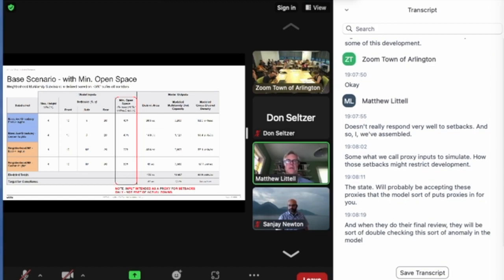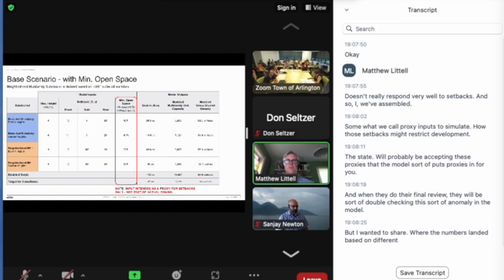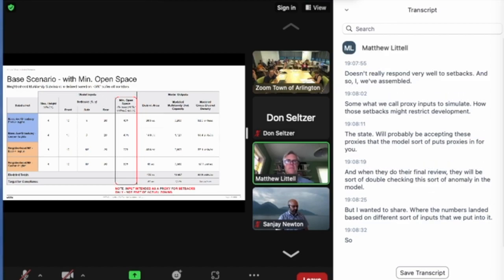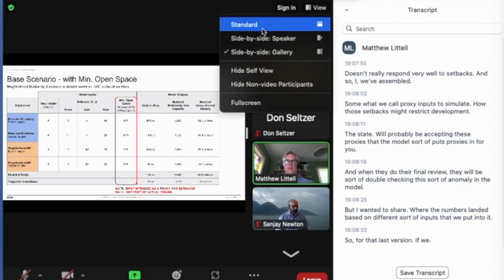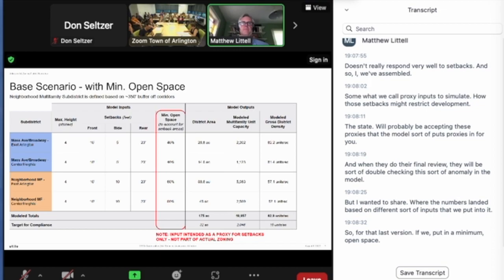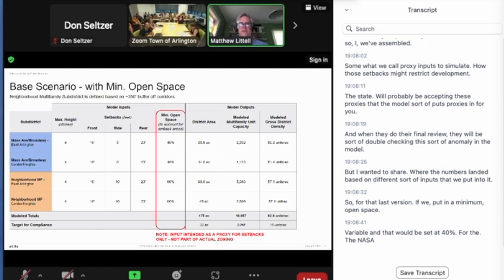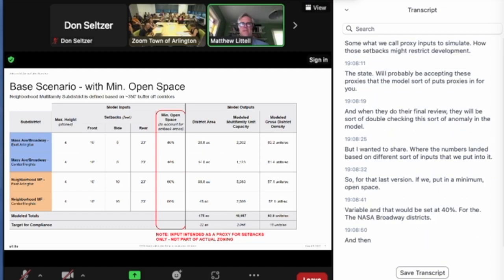But I wanted to share where the numbers landed based on different inputs that we put into it. For that last version, we put in a minimum open space variable, set at 40% for the Mass Ave Broadway districts, and then 60% for the neighborhood sub-districts.